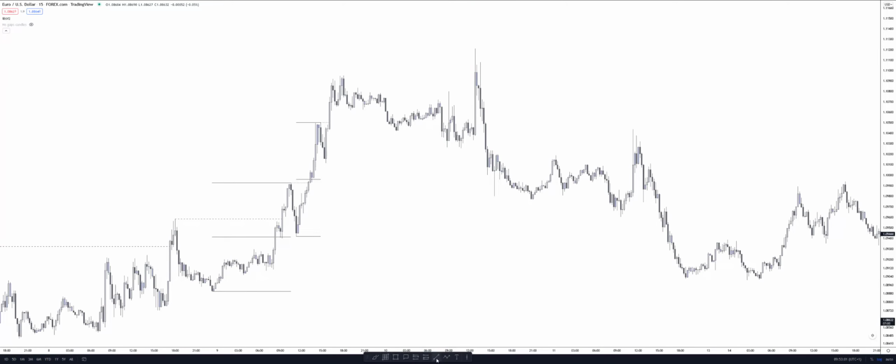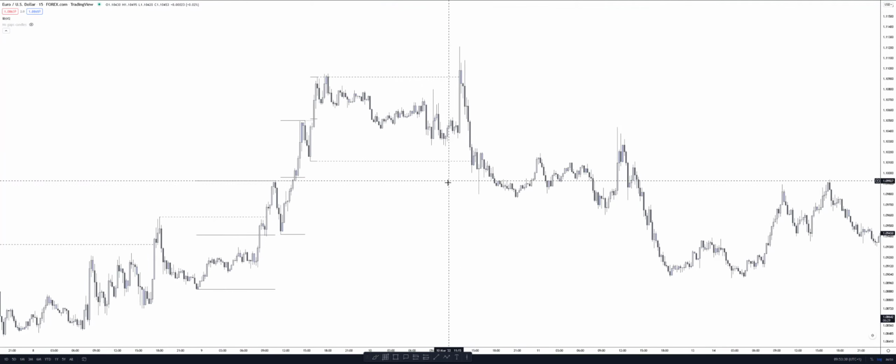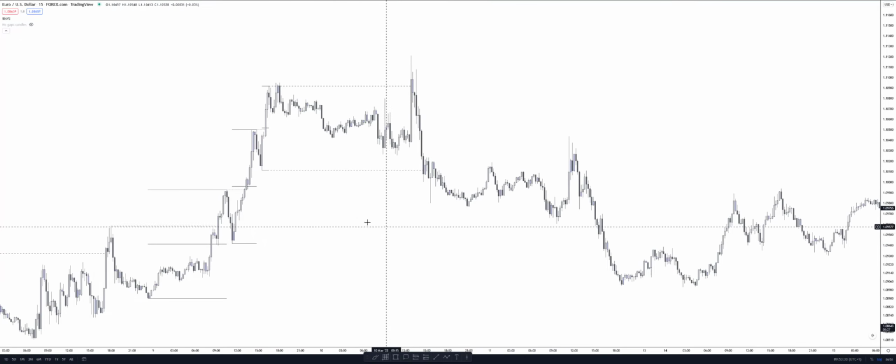And then eventually price came up to this high, cemented this high, and actually we broke above that high, and that did in fact mitigate the discount area before breaking that high. So order flow was re-established there, and then we had this major break of structure here, turning price bearish.